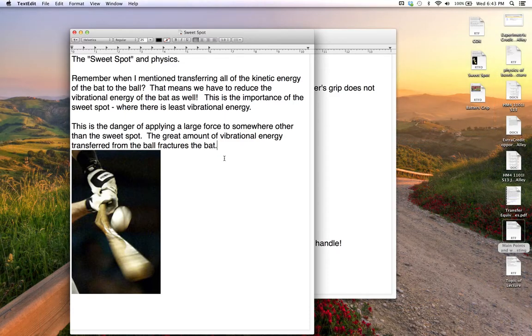And the danger of not applying it to the sweet spot is that, well, you can see a bat fracture or crack in many spots because of just the tremendous amount of force these baseball players put into these baseball bats. And thus, during impact, if all the energy is not transferred straight to the ball, that bat will face a lot of energy as well.